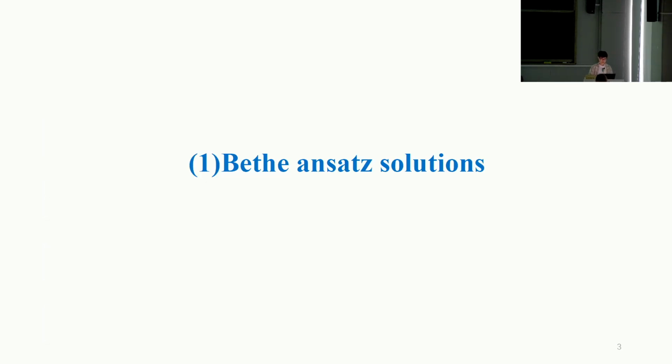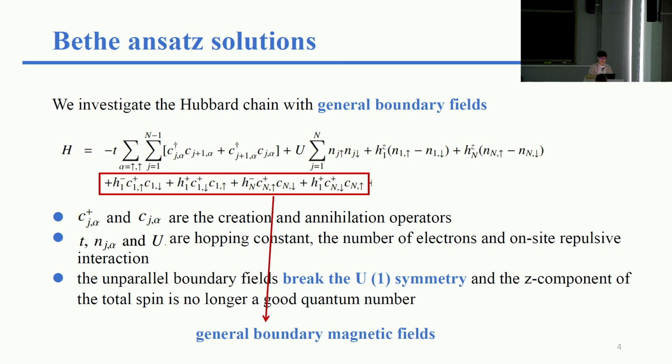Okay, let's start from the first part, Bethe solutions. What we investigate here is the one-dimensional Hubbard model with general boundary fields. Here, c-dagger and c are the normal creation and annihilation operators, and t, N, and U are the normal hopping constant, number of electrons, and the on-site repulsive interaction.